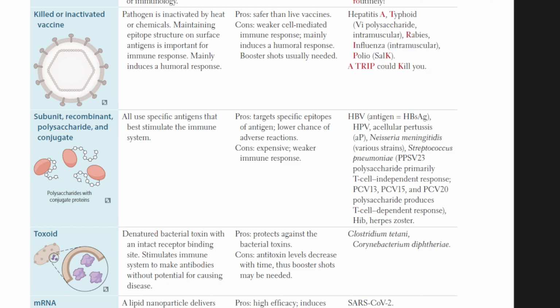The Hib, or Haemophilus influenzae type B. Remember also the herpes zoster vaccine, and the PCV13, 15, and 20. This is a group of vaccines specific for a specific disease.